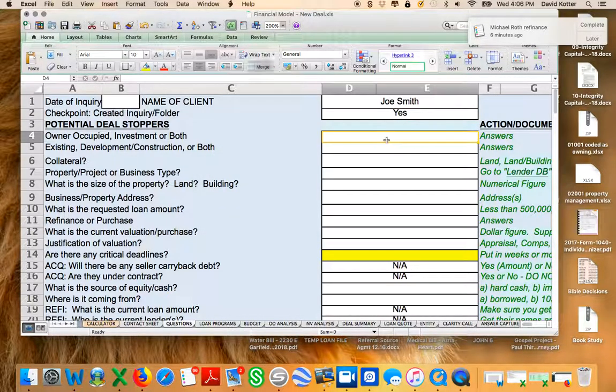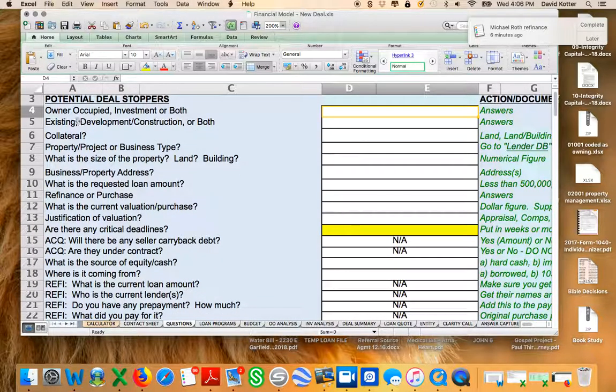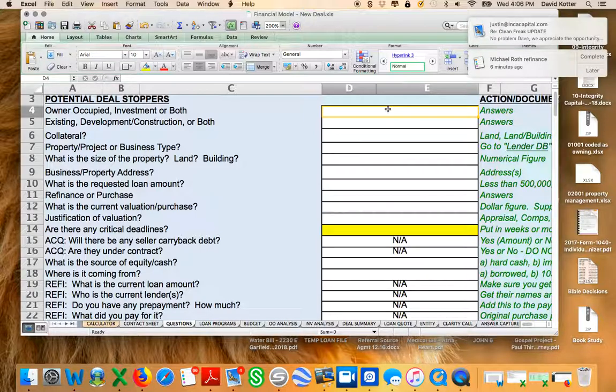for the information. The next step is to figure out, okay, is this an owner-occupied, investment deal, or both? And what that means is if it's owner-occupied, it means the client is going to occupy the building themselves 100%.